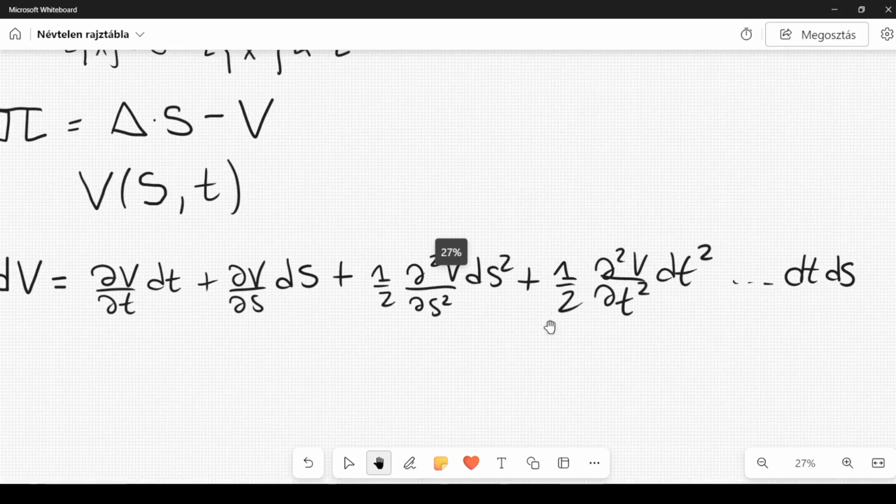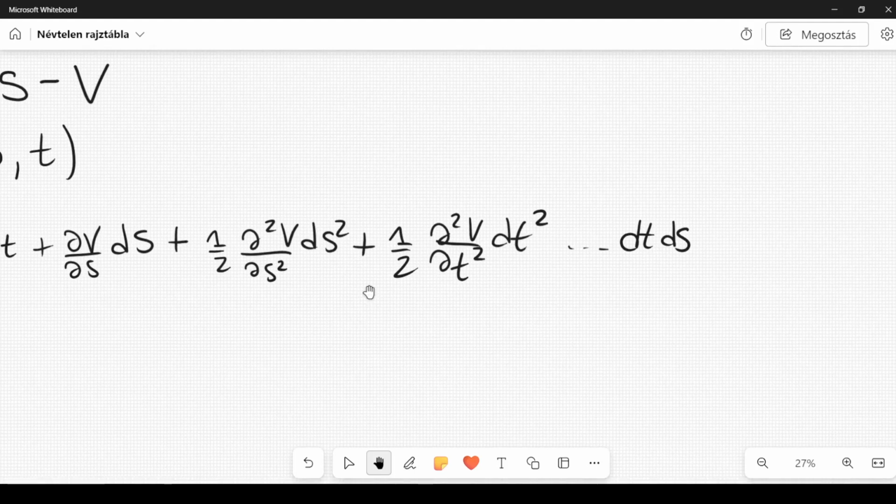But we are going to neglect terms that are of higher order than dt from here.